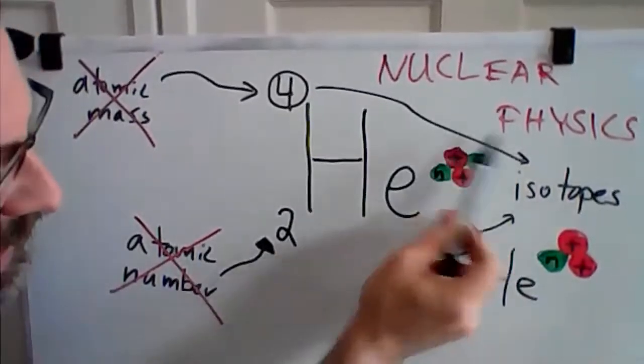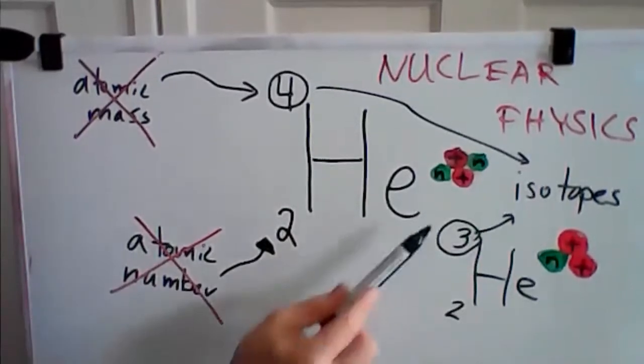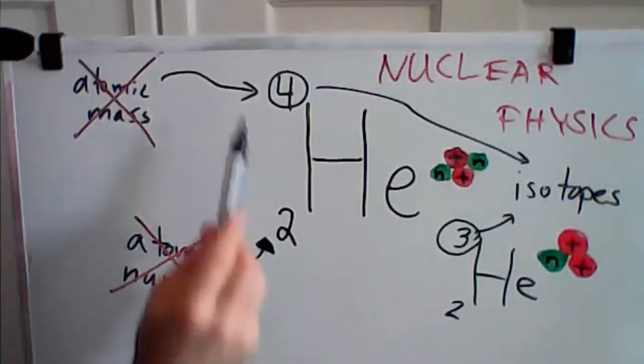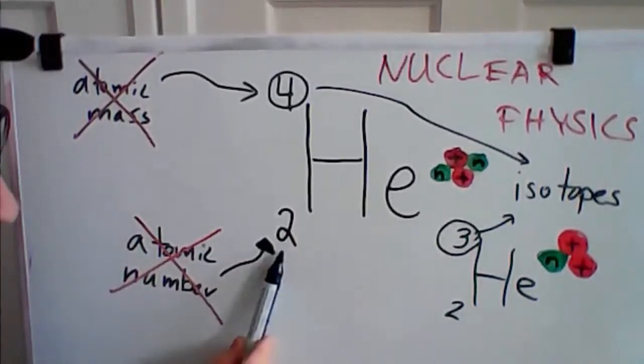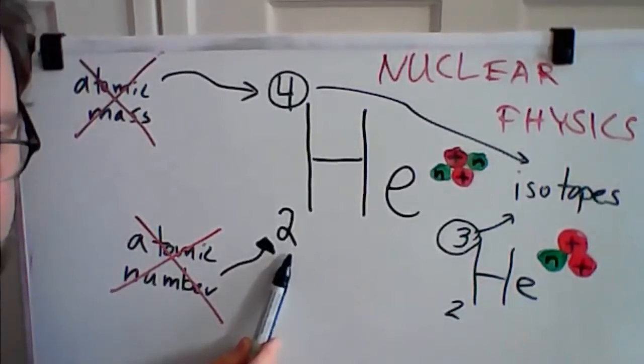Isotopes of helium have different numbers of neutrons. You see that? But otherwise, they're the same. So based on that, we're going to take a new name to these two things, because this is really the number of protons, agreed? Not really the atomic number.